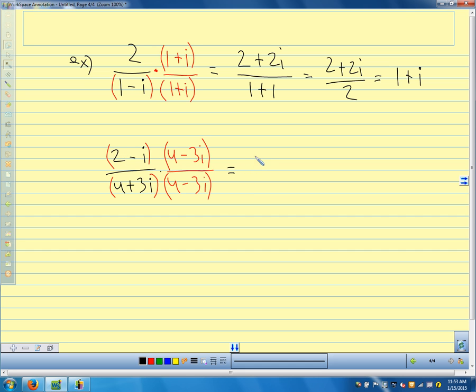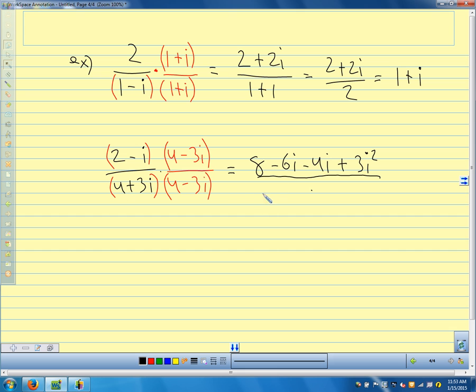We get 8 minus 6i minus 4i plus 3i squared. I usually have to write out, or I encourage you to write out a few steps here. Don't try to combine them all into one. It's easy to make a sign error, a positive or a negative, get it wrong.